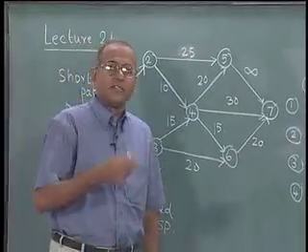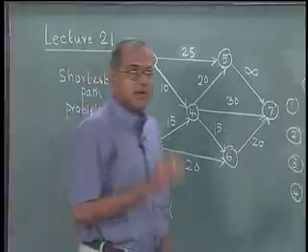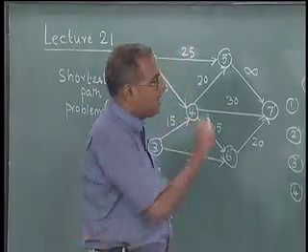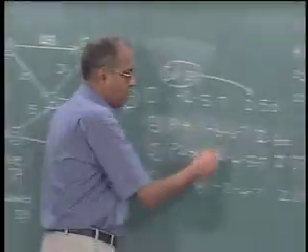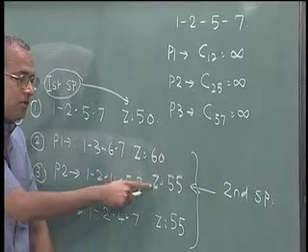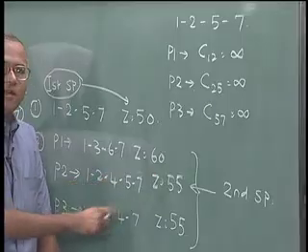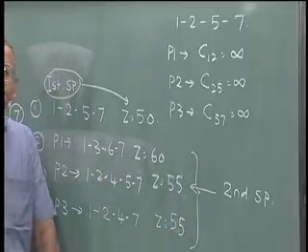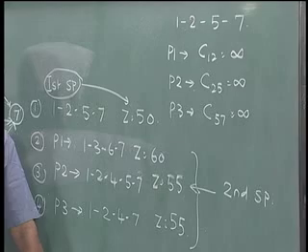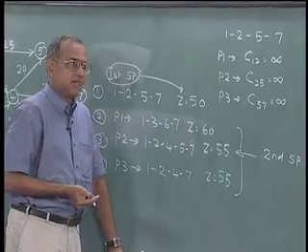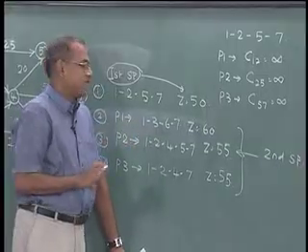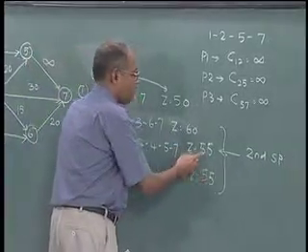Now, how do we find the third shortest path? In order to find the third shortest path, particularly for this example, since at this point we have 2 solutions with z equal to 55, this automatically qualifies to be the third shortest path, where the third shortest path and the second shortest path in this instance have the same value of 55.